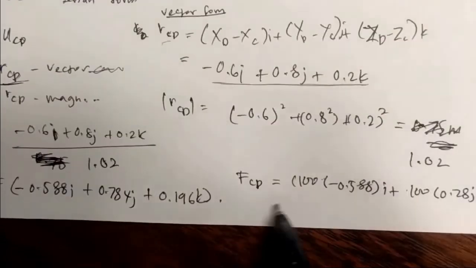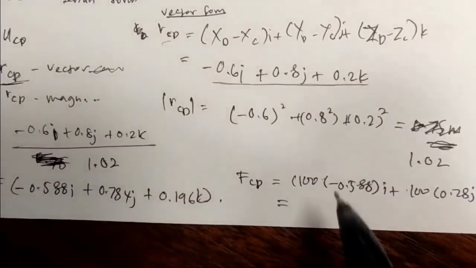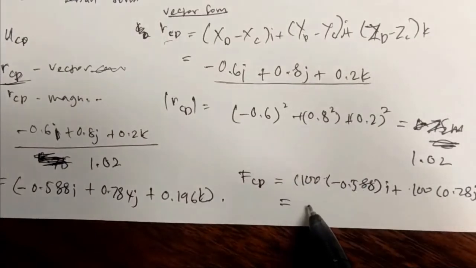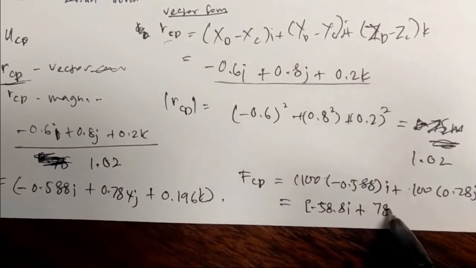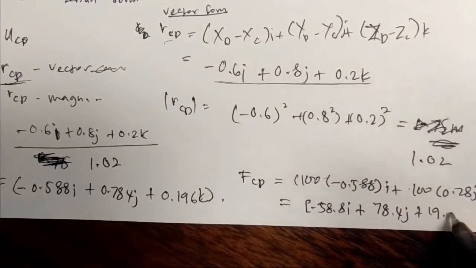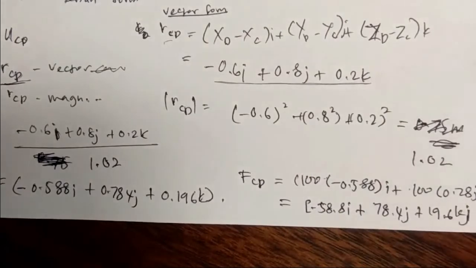Okay, so you will get the FCD in Cartesian vector form: negative 58.8i plus 78.4j plus 19.6k Newton.